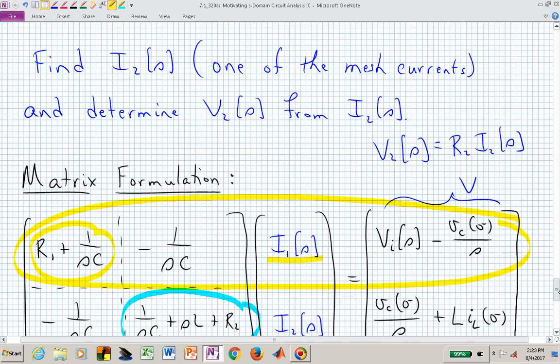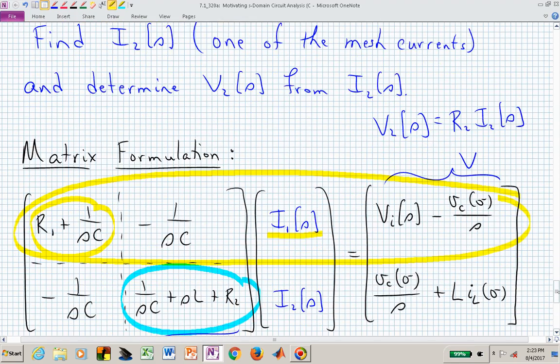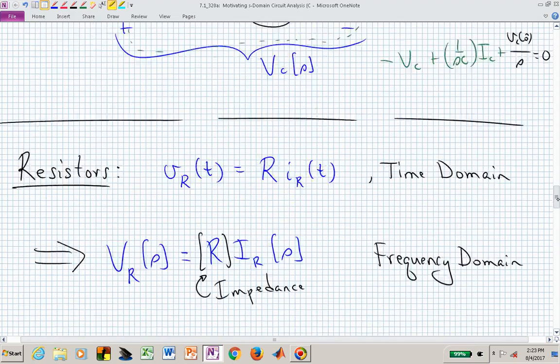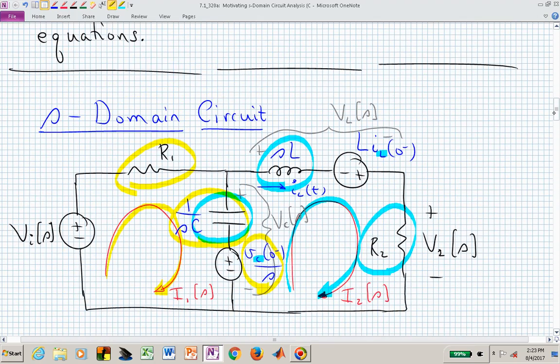That leads to V sub I of S minus V sub C of 0 minus over S. If we do the same thought process for the second mesh, would making the capacitor's initial condition voltage source, V sub C of 0 minus over S, bigger enhance I sub 2?